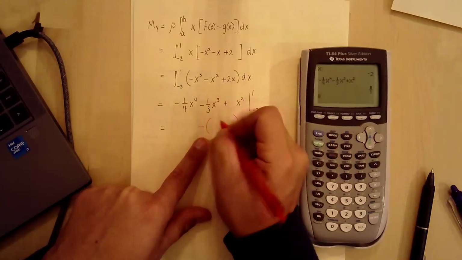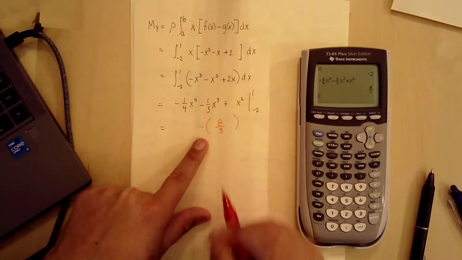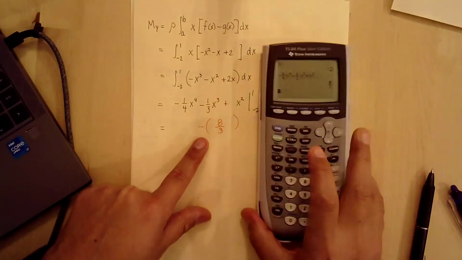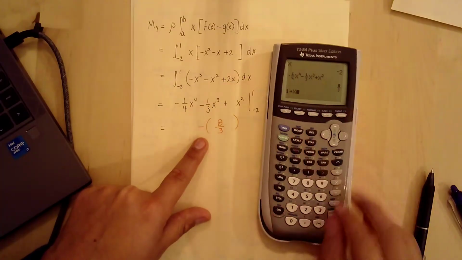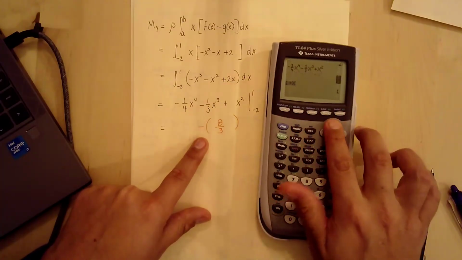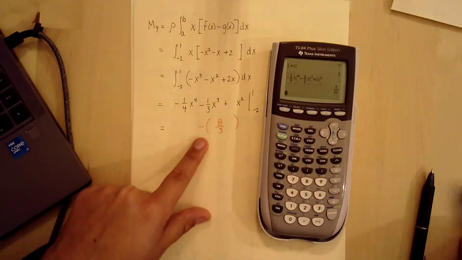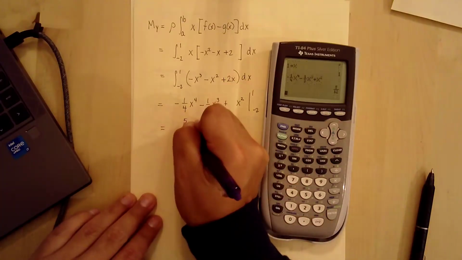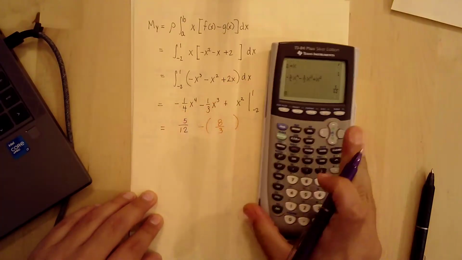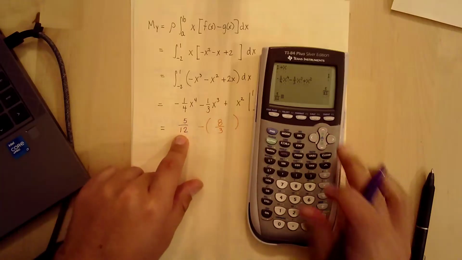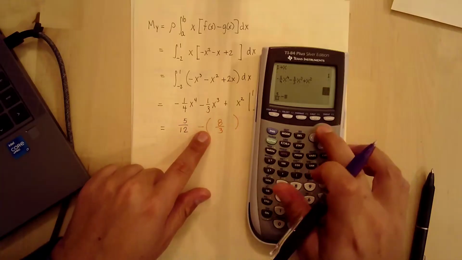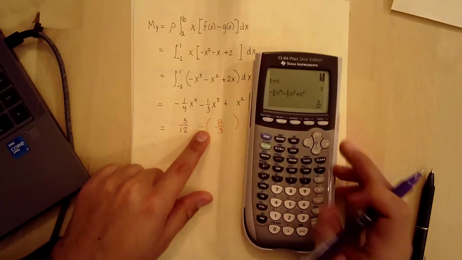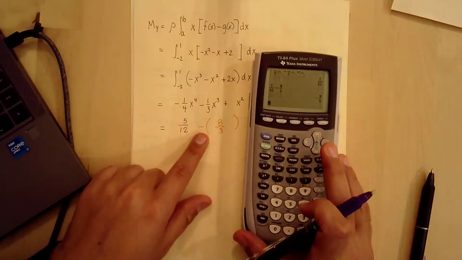Okay, so that gave us 8/3 there. And now I'm going to store +1. So 1, store that as x. Now I'm just going to copy that function here. 5/12. Okay, so the positive integral that we got there, or that positive output, minus this one also happened to be a positive value, but let's see what it turns out to.